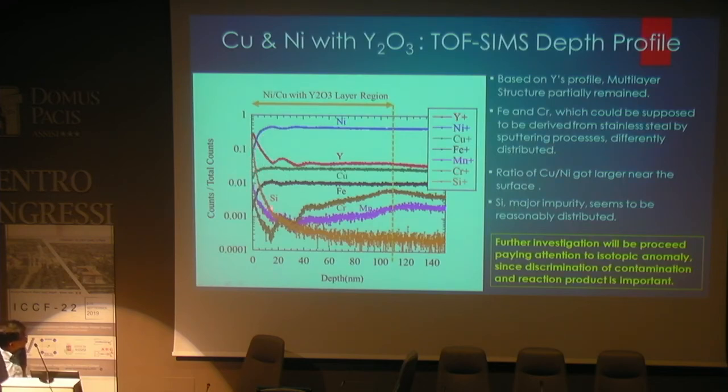But in the case of silicon, it seems to be distributed very reasonably, because this silicon is an impurity, I think. Anyway, at this point, it is very difficult to conclude about elemental analysis. Further investigation will be carried out, paying special attention to the isotopic anomaly, since discrimination of contamination and reaction products is very important, I think.